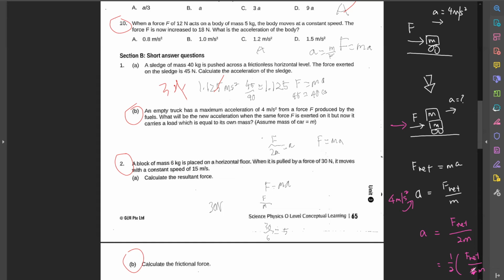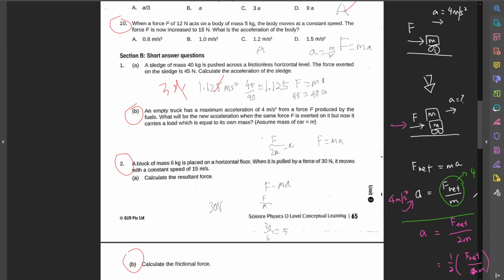Now F net over m. Can I do that? Yeah. Then over here in the first part, this line down here, you see that this value is 4.